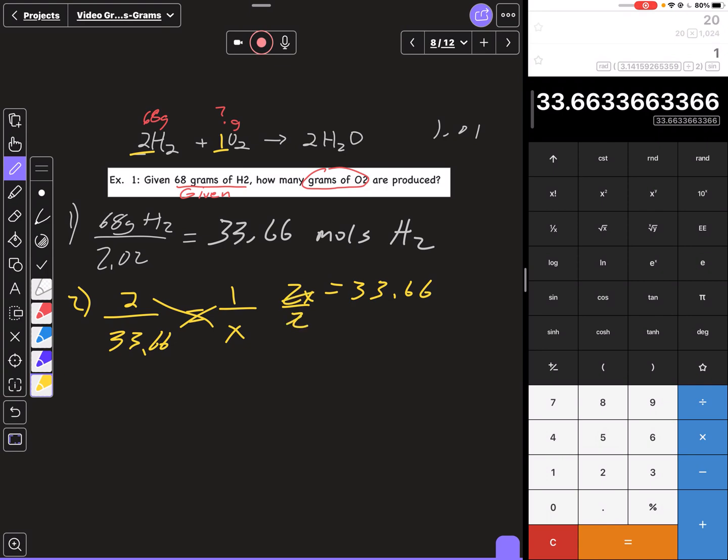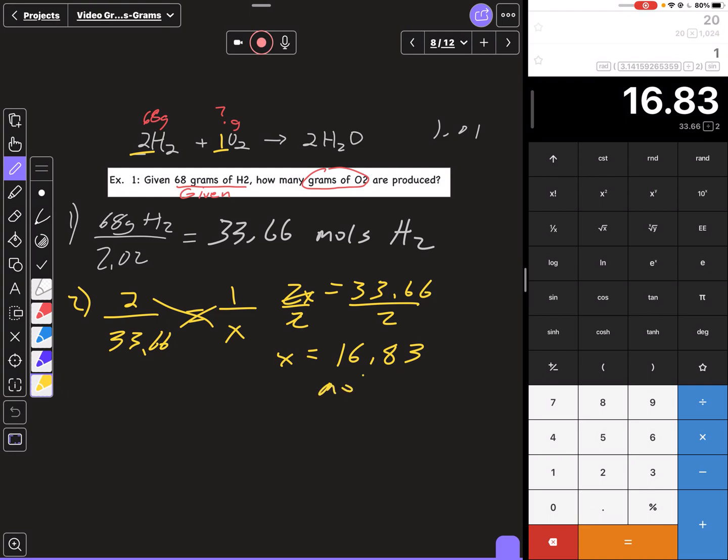Divide both sides by 2, and I'm going to get 16.83, and that's going to be moles of O2.